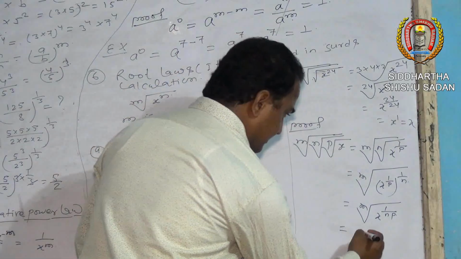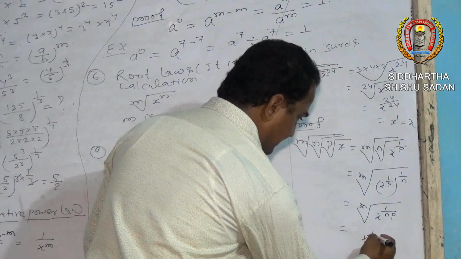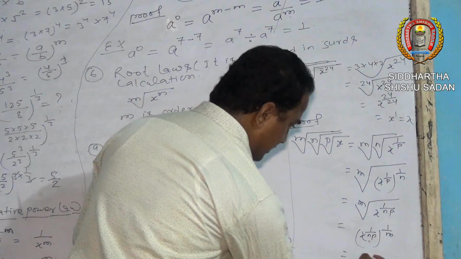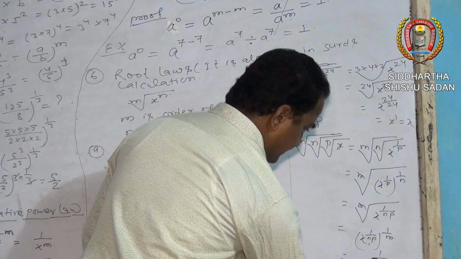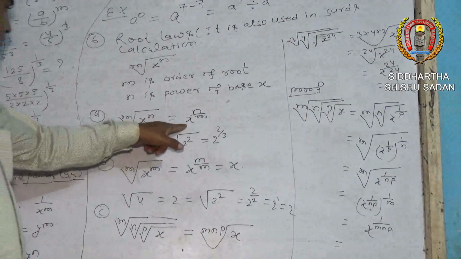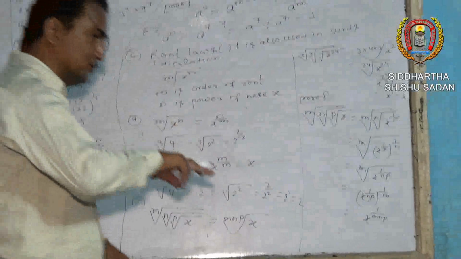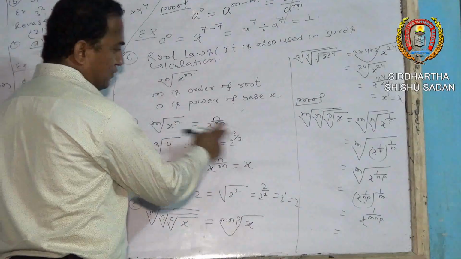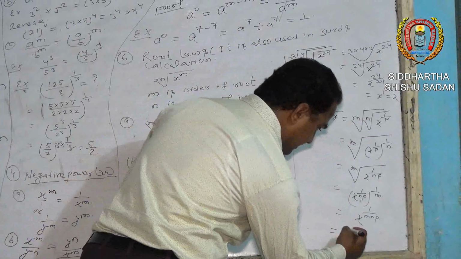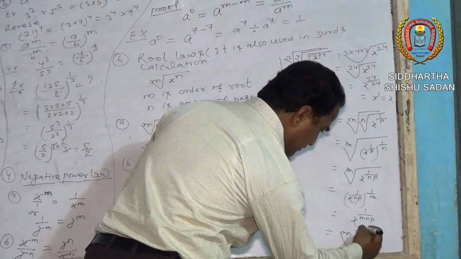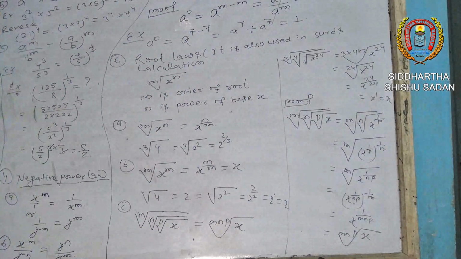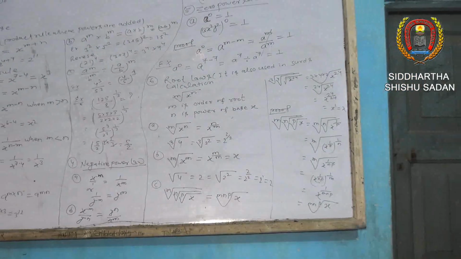Again x to the power 1 by np whole to the power 1 by m, that is equal to x to the power 1 by mnp. Again for this rule we have to change into root form. Then we have to write this denominator power as the order of the root. It means mnp root x to the power 1. That is automatically there. Is it?